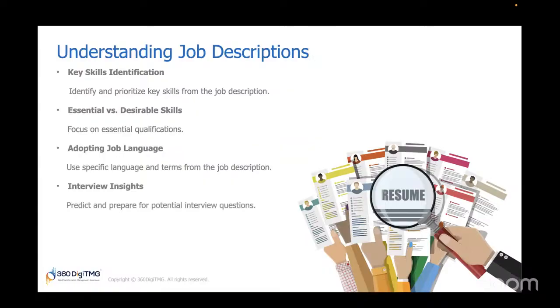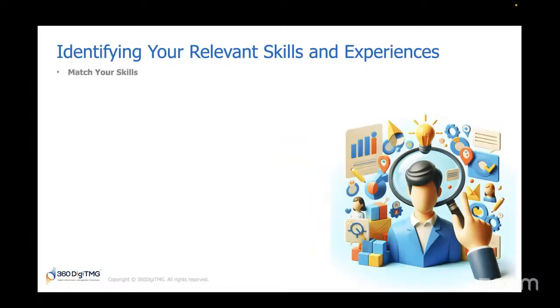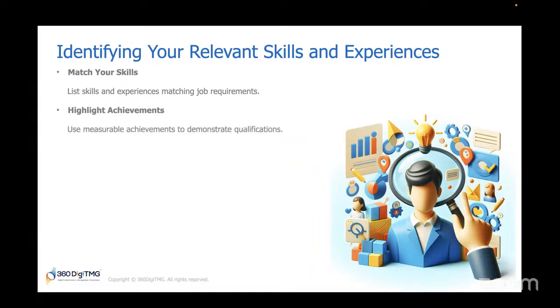So how are you going to identify your relevant skills? Whatever skills they have mentioned in the job portal or job description, match those skills and list them down on one paper. Then list the achievements you got in a previous company, institution, or school time, and mention those things.